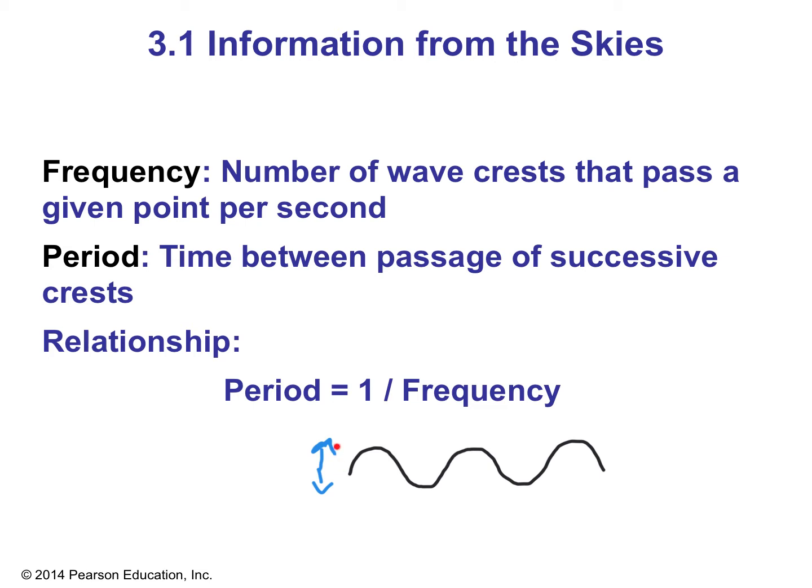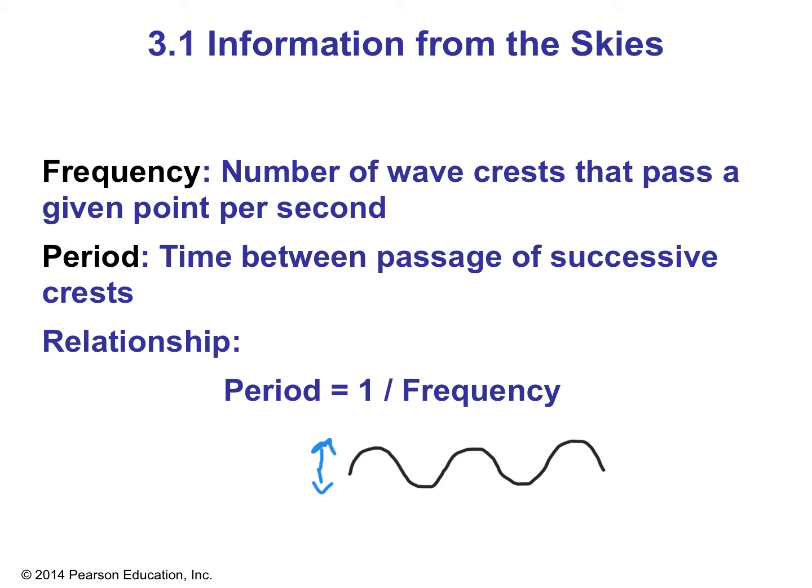And then down and up, that would be another complete shake. How many times per second do I shake it up and down? That's going to send pulses out like this, out down the rope. And so that is the frequency. It's the number of vibrations per second of the vibrating thing that's making the wave.